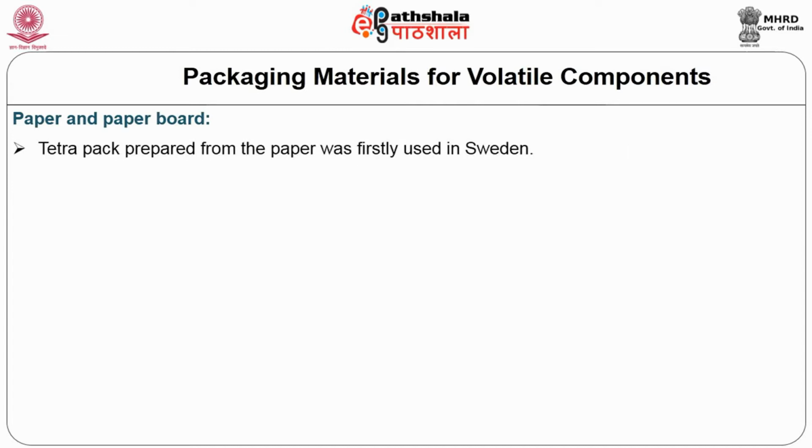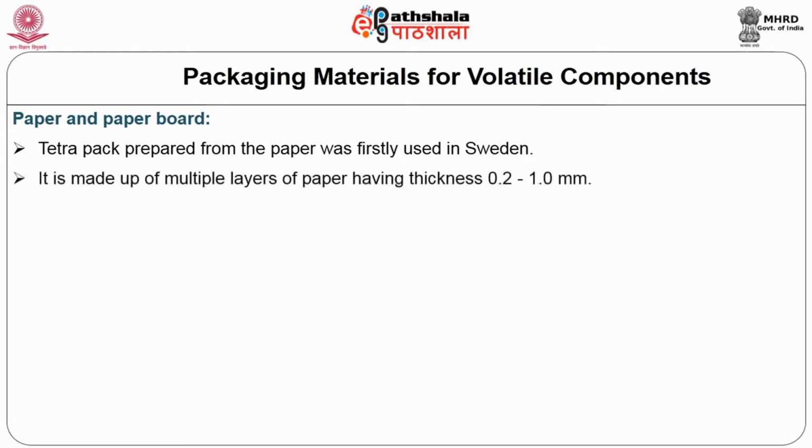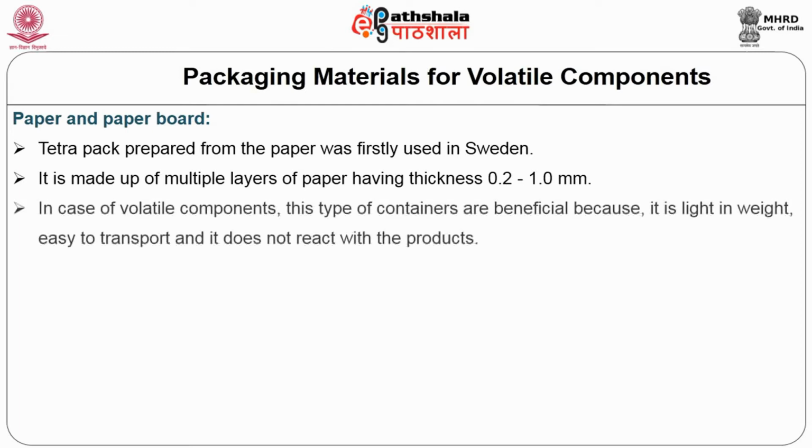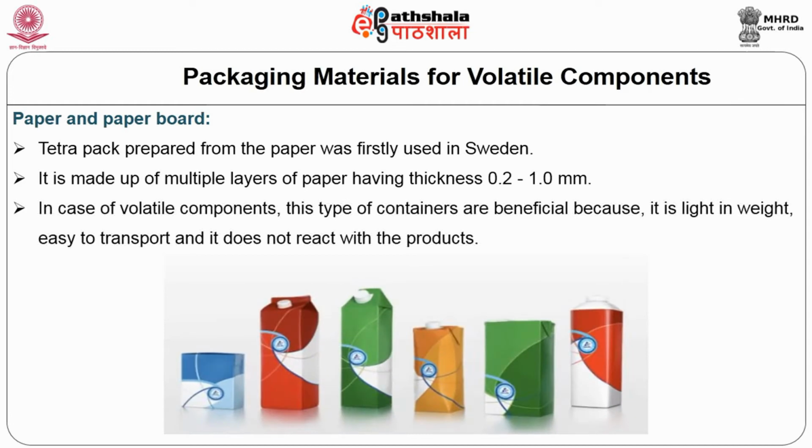Tetra Pack prepared from paper was first used in Sweden. It is made up of multiple layers of paper having thickness 0.2 to 1 millimeter. In case of volatile components, this type of container is beneficial because it is light in weight, easy to transport and does not react with the products.